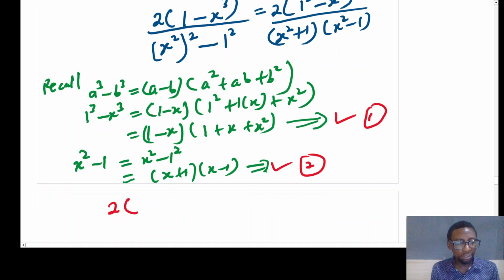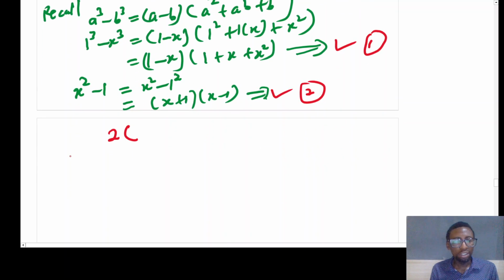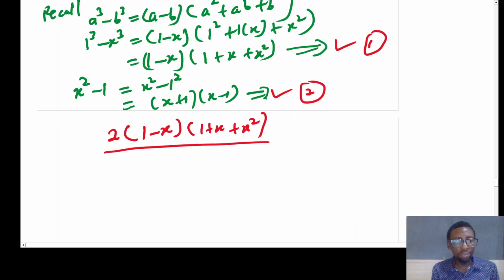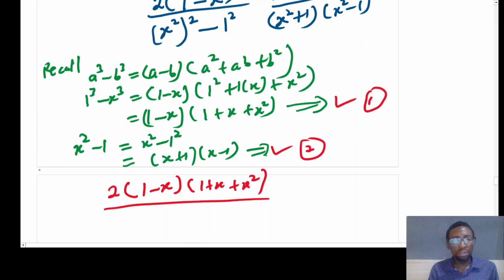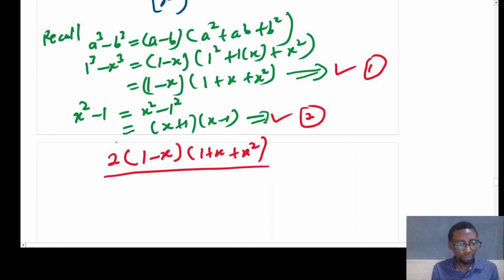So that will give me 2(1 minus x)(1 plus x plus x squared) divided by (x squared plus 1), which is untouchable, then divided by the second one that's factorizable, (x plus 1)(x minus 1).